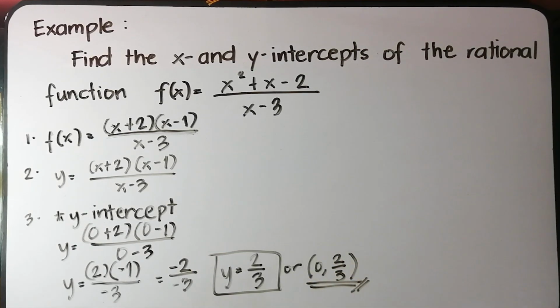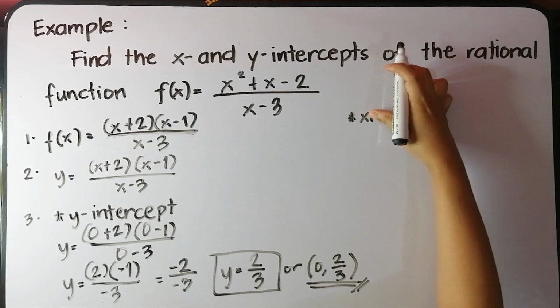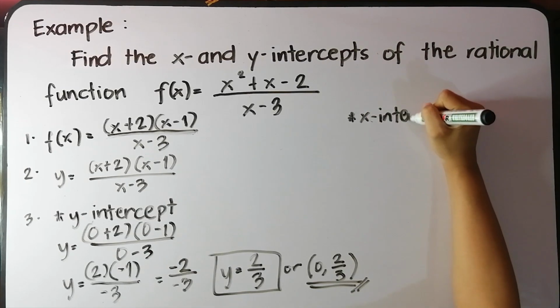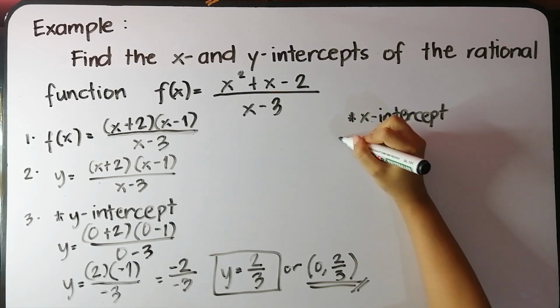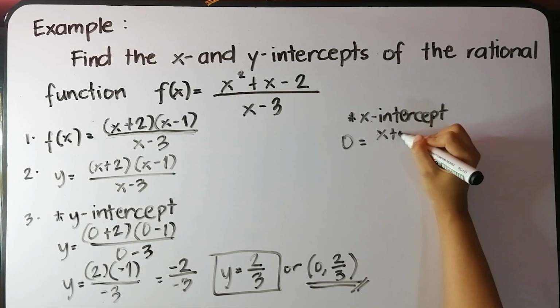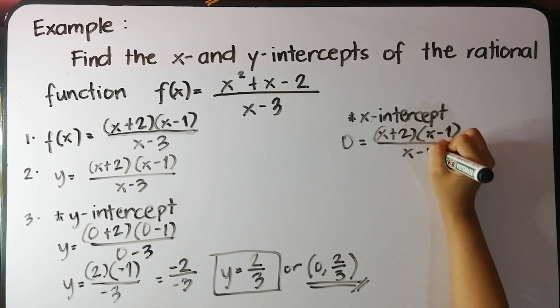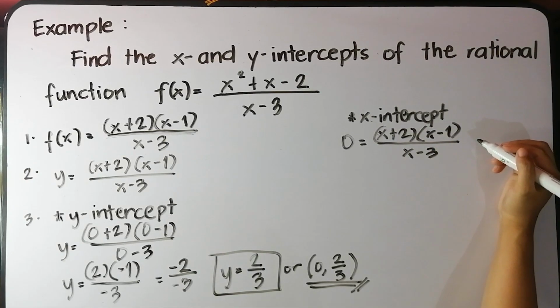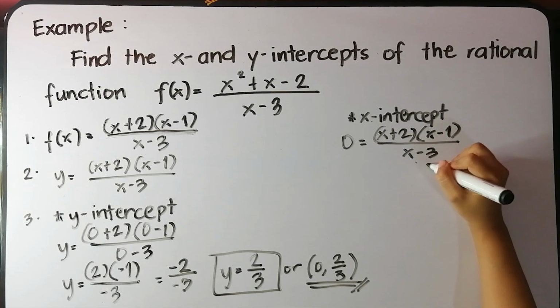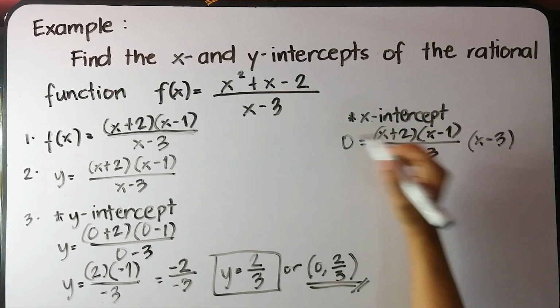How can we solve for the x-intercept? This time, we substitute 0 as the value of y. So we have 0 = (x plus 2)(x minus 1) over (x minus 3). In this rational function, the LCD is x minus 3, so let's multiply both sides of the equation by x minus 3.